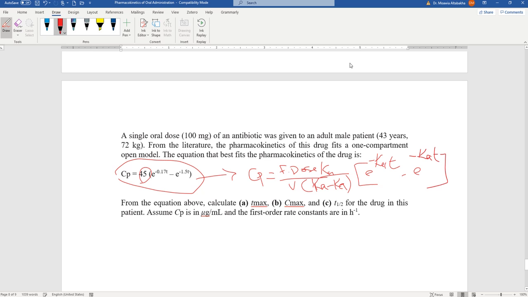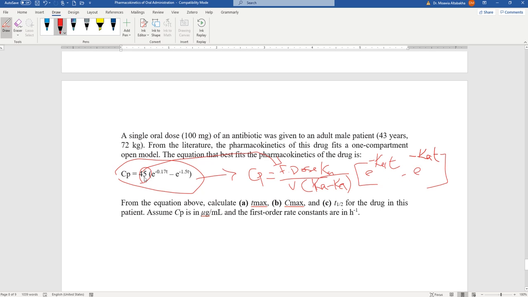So you need to recognize what this equation is about. The 45 is this constant here, F times dose times Ka divided by V times (Ka minus Kl), multiplied by the difference between the two exponents.